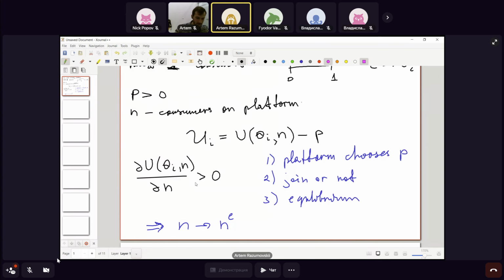So that's why they need to build expectations about how many agents will join the platform, because their own utility depends on this number. And what we know about the agents is what we can use to build some expectations.